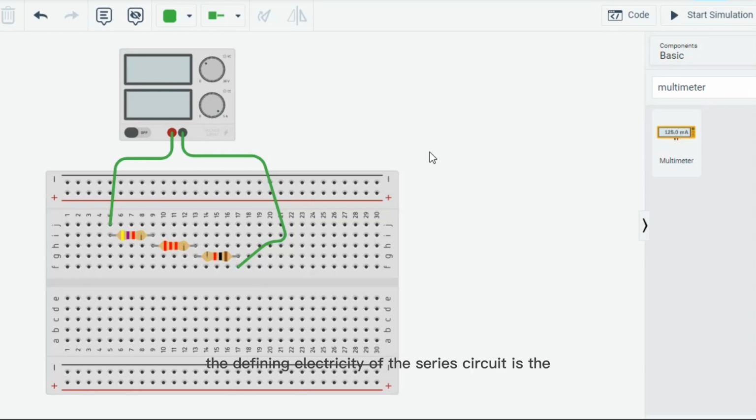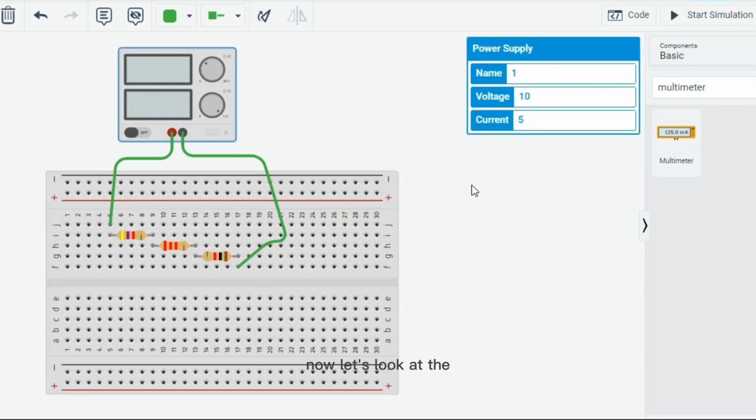The defining characteristic of a series circuit is that there is only one path for electrons to flow. In this circuit, the electrons flow in a clockwise direction from point 1 to point 2 to point 3 to point 4, and it goes back around to point 1.